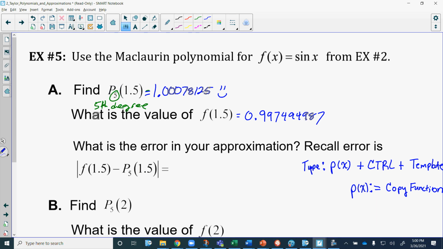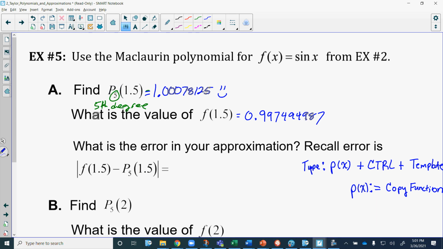So the error in your approximation is going to be, and here it says recall the error is essentially the absolute value, because remember, if you were graphing these, you never know which one is going to be upper bound or lower bound. So we just take the absolute value to represent the distance that we would be, from one function to the other function on the y-axis.